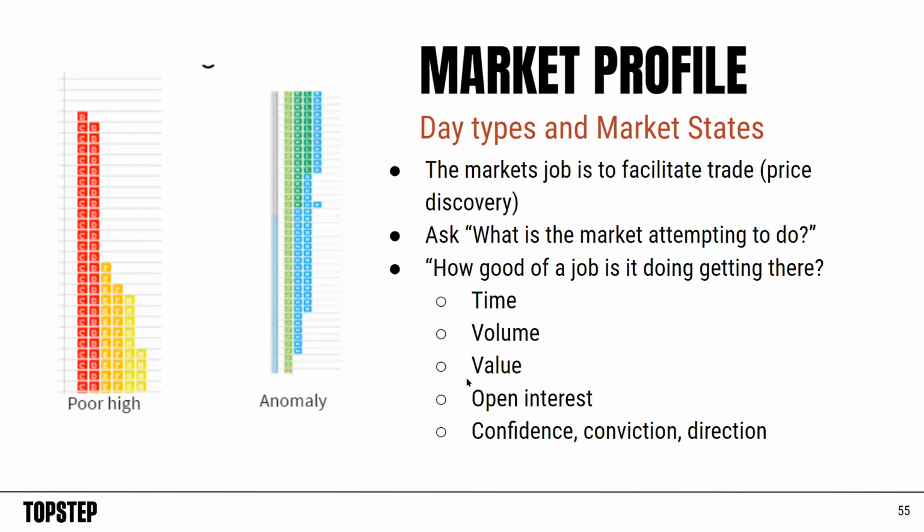Value is always something that we should consider when you open the market. Is value higher or is value lower? And what's it going to take to move value away from where it is right now? Volume and open interest are very important to look at together, especially when we're thinking about how good of a job the market is doing getting where it's trying to go.